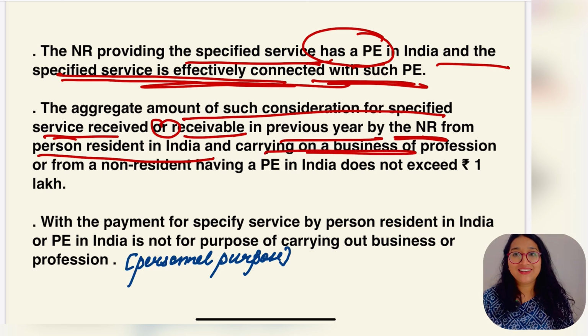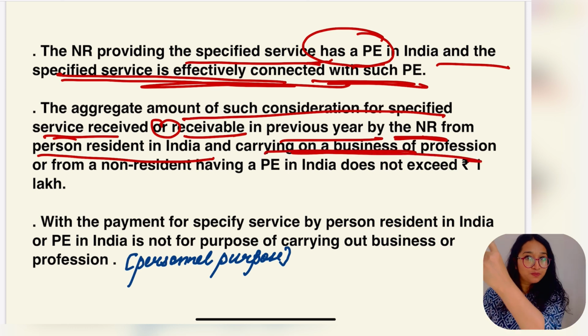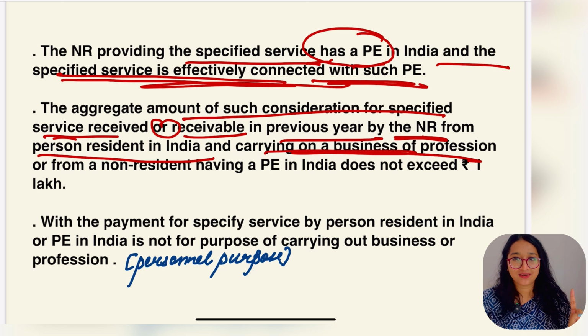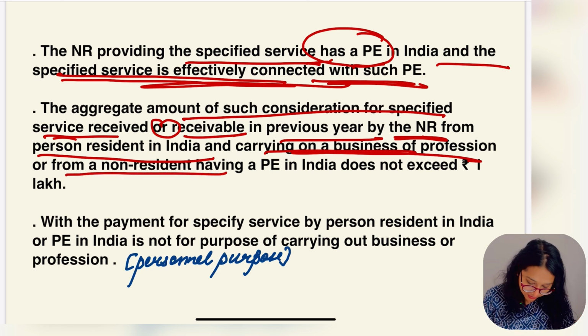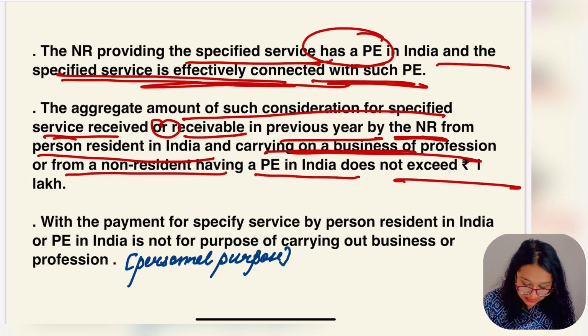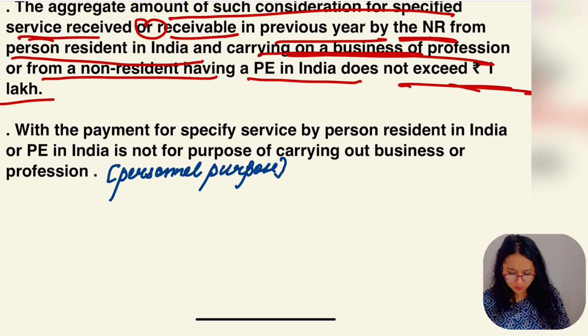A person resident in India who is carrying on business or profession, that is the first part, and the second part, from a non-resident who is having a PE in India. Don't be confused. From a non-resident having a PE in India, it does not exceed 1 lakh rupees.